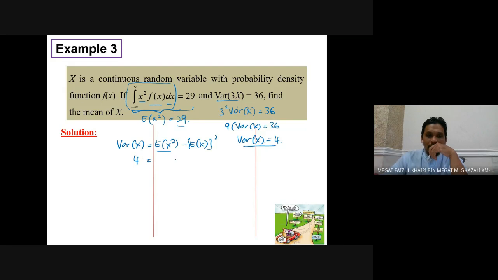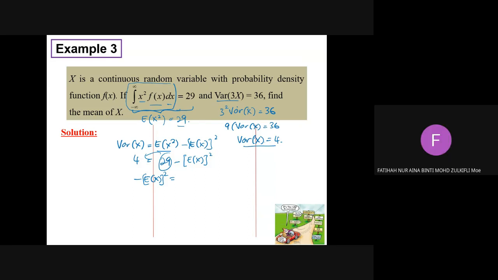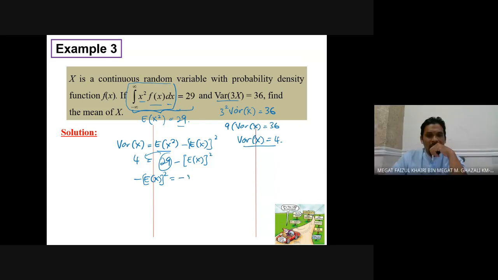E of x squared equal to 29 minus E of x squared. So then bring this to the left side. 4 minus 29. Negative 25. Okay, negative times negative, positive. So E of x squared equal to 25.